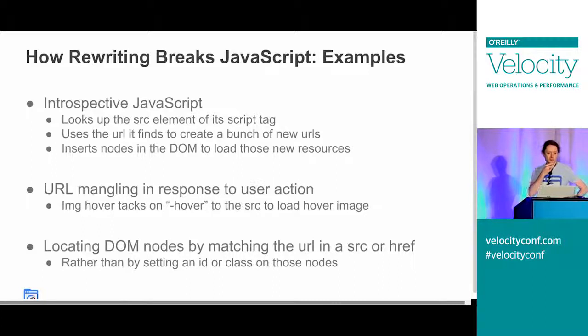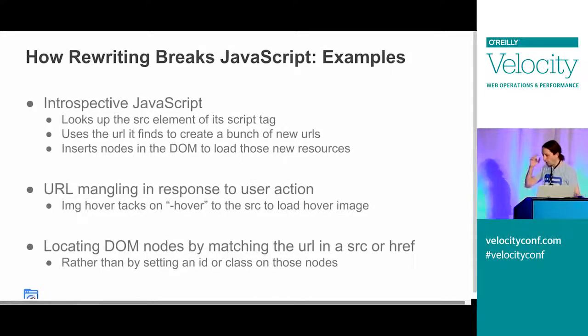Can you tell why? And we said, no. We pulled up the original page, and they looked exactly the same. He said, hover your mouse over that element over there. You hover your mouse over the element, and the image changes, except in our page it didn't. Because what was happening was JavaScript was adding an extra "-hover" to the URL of the image source, and we weren't dealing properly with that.